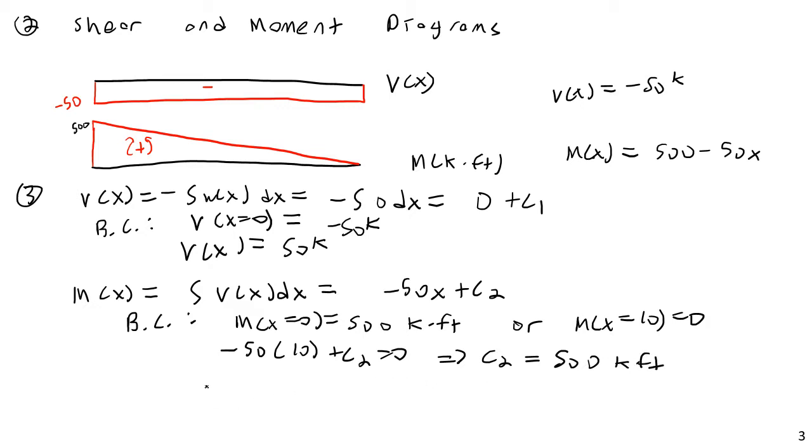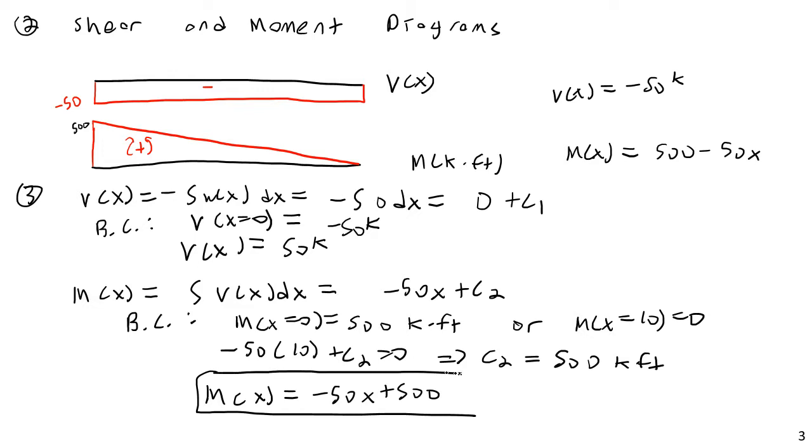And therefore, M as a function of x is equal to -50x plus 500. And that's the same thing as we got before.